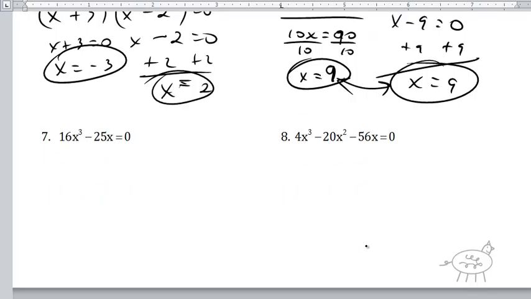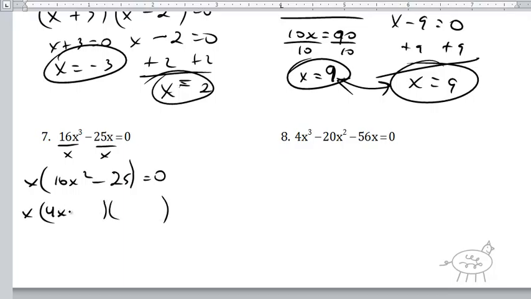I'm going to factor out an x, and that's it. Because that's it, I can't, there's 16, 25, nothing goes into it. So I get 16x squared minus 25 equals 0. So I'm going to factor that. It's the difference of 2 squares. So 4x plus 5 and 4x minus 5.